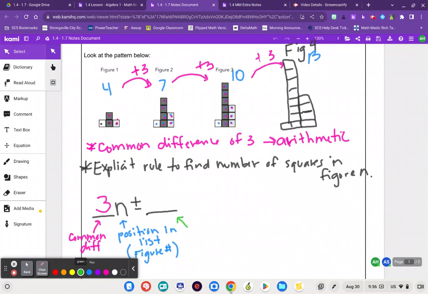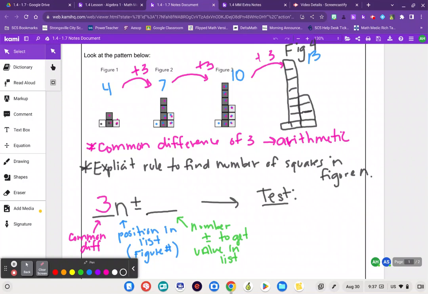There's a couple of ways I can do that. One way is to say, I need to know what number I add or subtract to get the value in my list. That's one way to think about it. So we're going to test some values.